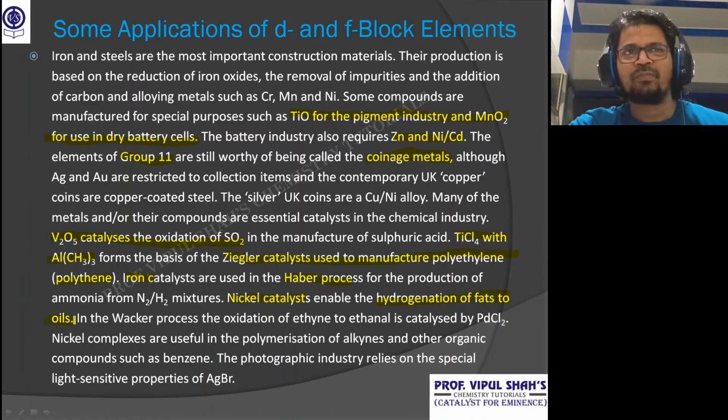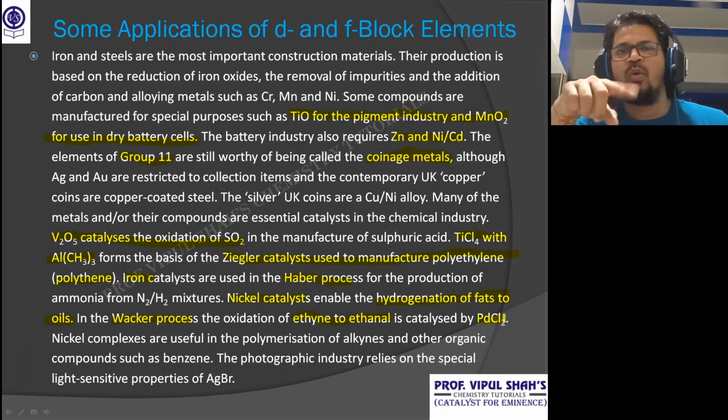Okay, that's one. Then we have a process called the Wacker process, that's oxidation of alkynes, ethyne to ethanal, which is acetaldehyde. That's catalyzed by PdCl2, palladium chloride. So palladium chloride is a catalyst for the Wacker process, where you straight away oxidize ethyne to acetaldehyde.